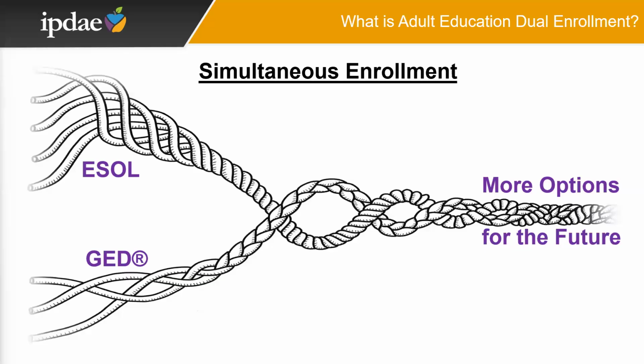This approach allows learners to improve their English language skills while also working towards their high school equivalency. It's especially beneficial for our adult learners who are motivated to advance their language skills very quickly. So it's when we take our ESOL students and our GED students and we kind of tether those courses together to give our students more options for their future.